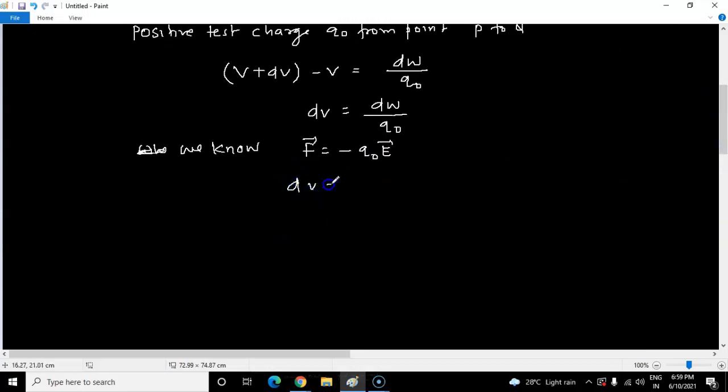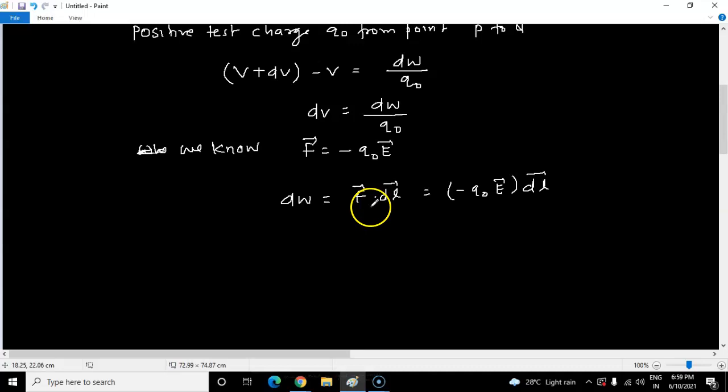So dW is equal to F into dl, force into displacement. Force is minus Q naught into E, and dl as it is.